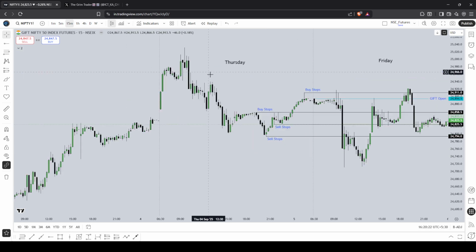On the 15-minute time frame, you can say that price was already in a bearish trend because it was making, let's say, I selected this high, low, lower highs, lower lows, basically.